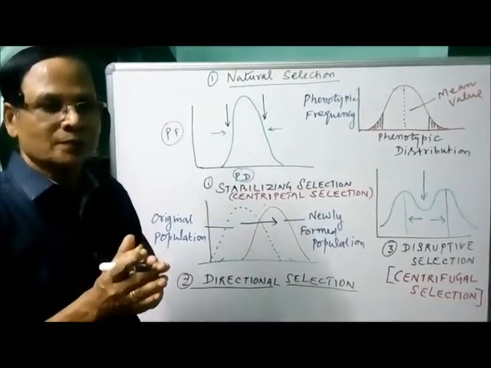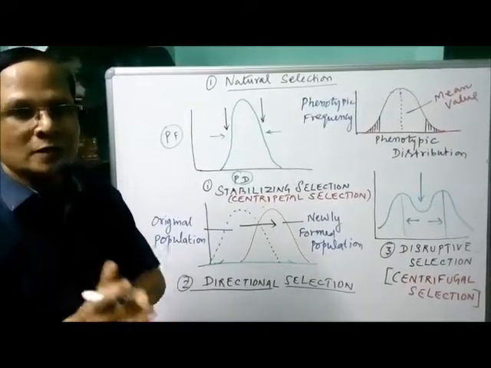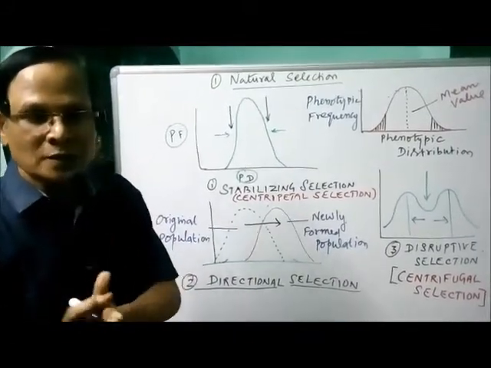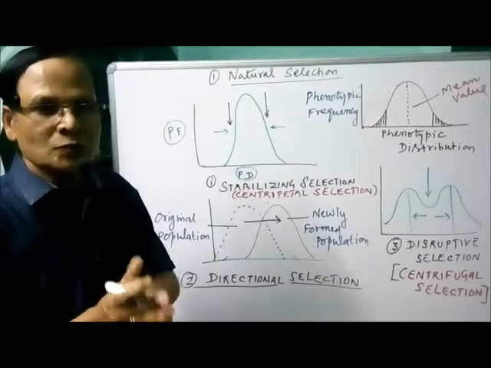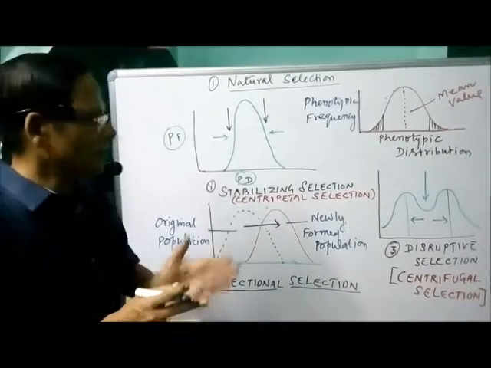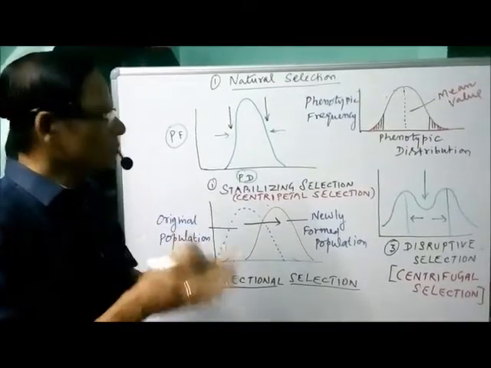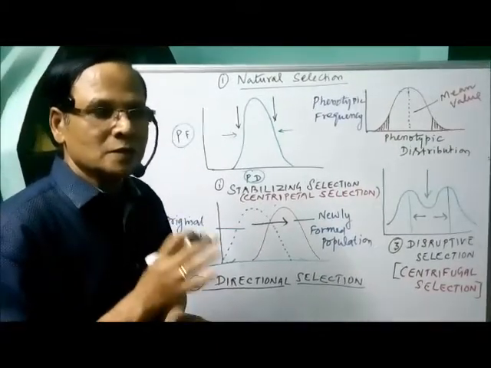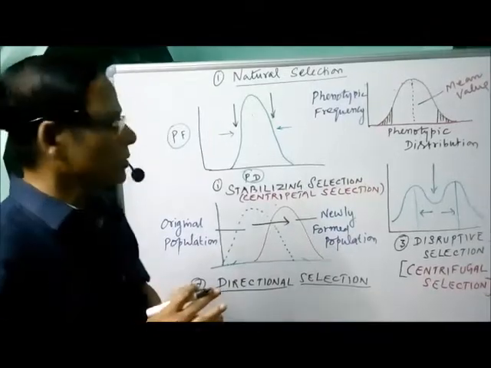Its frequency tends to drop from one generation to another. When the allele gives fitness to make the organism survive, then its frequency remains. When it reduces fitness, ultimately the gene frequency tends to drop from one generation to another.